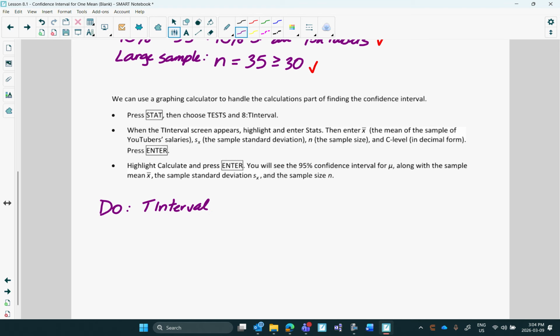So when you hit that, you'll see what you're asked to enter. So just stats should be highlighted. So just keep stats highlighted. Your sample mean. Okay, so let me write this down. Your sample mean, which is 70,106.